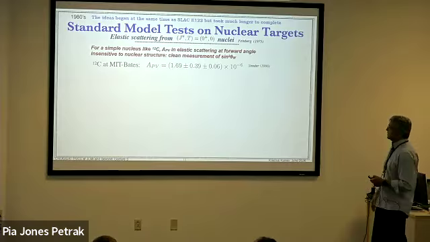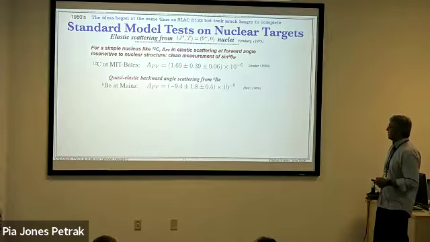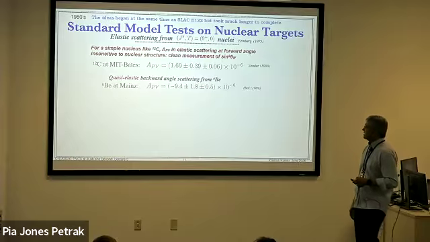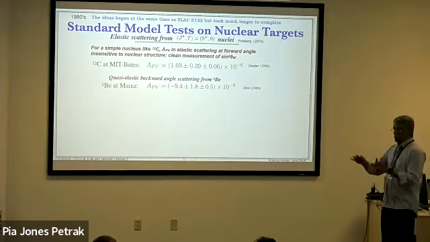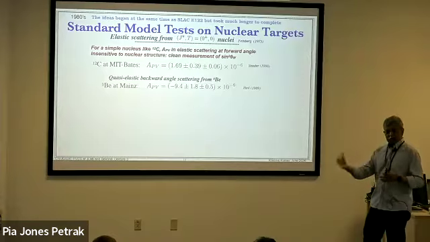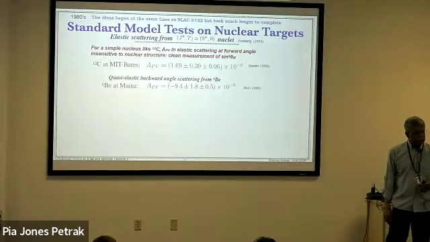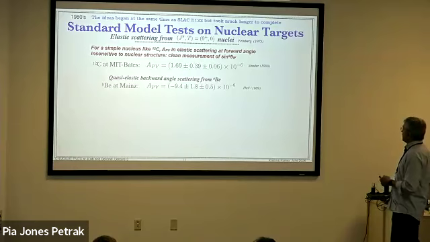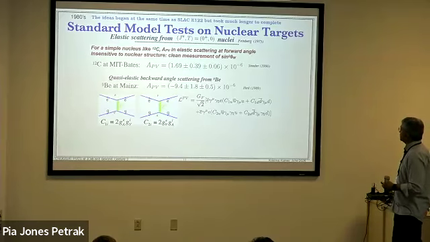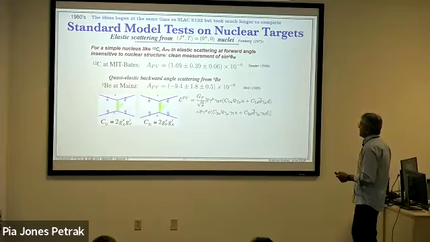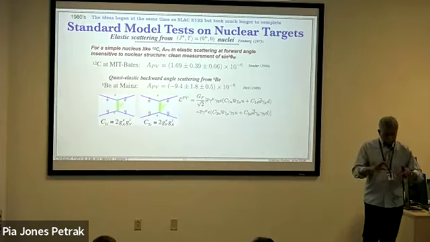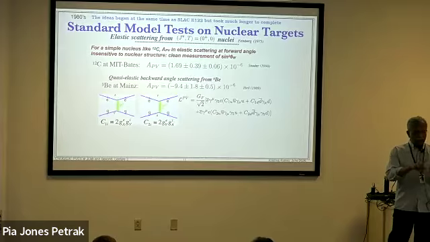So it's these experiments here, carbon-12 at MIT Bates, and the beryllium quasi-elastic scattering experiment at Mainz, that were both started in the 70s, but it took till the late 80s before they were finished. But they did, in fact, publish these much smaller asymmetries. And the motivation for this is to test the neutral current coupling for each quark.